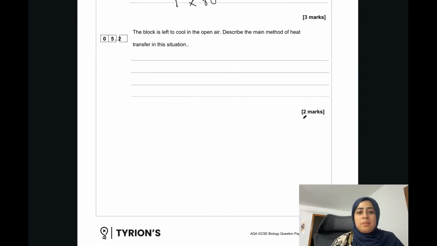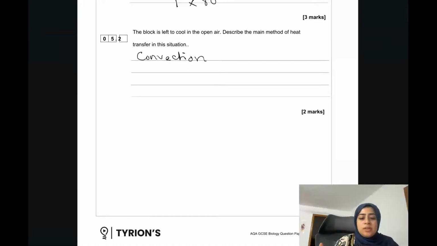Okay. A block is left to cool in the open air. Describe the main method of heat transfer in this situation. Remember, this is convection. So you need to know conduction, and you need to know in which case each of them applies.